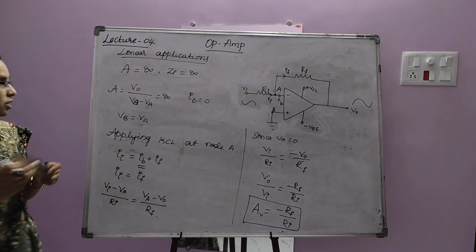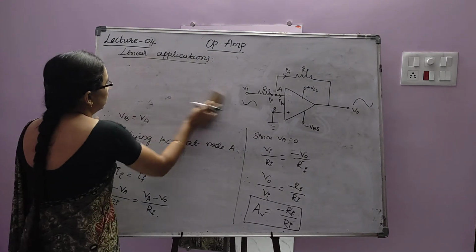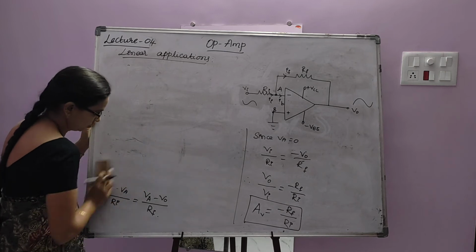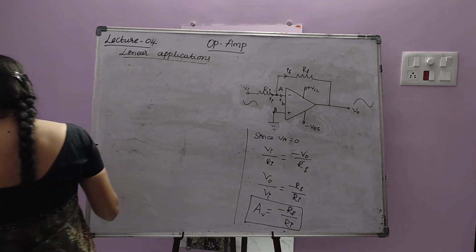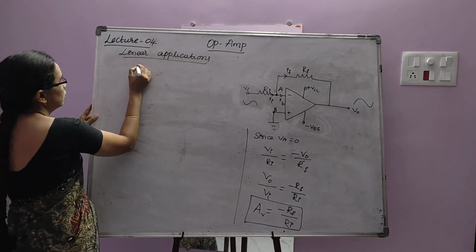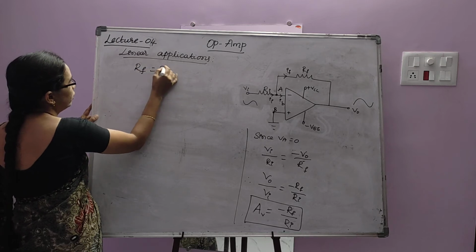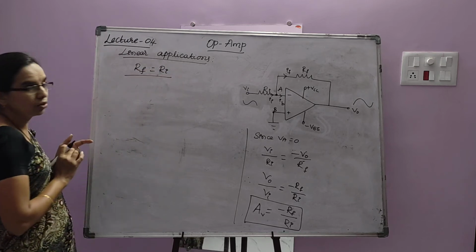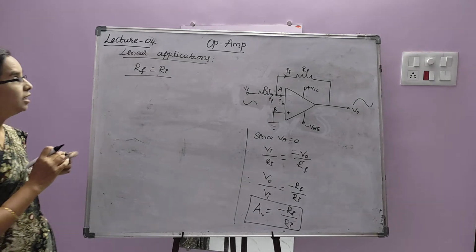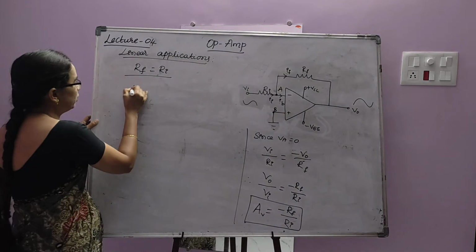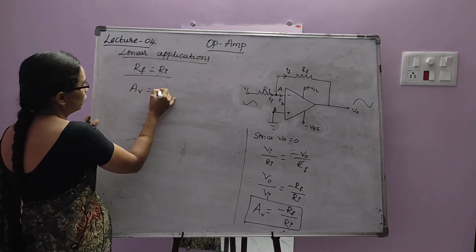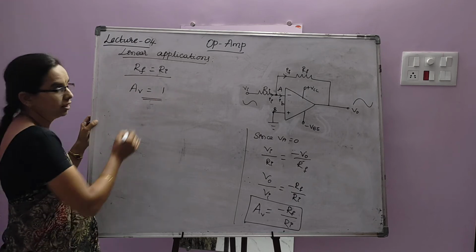So there is a special case. If I choose the same values of RF and RI, if RI is equal to RF, then what happens? The gain will be equal to minus 1.